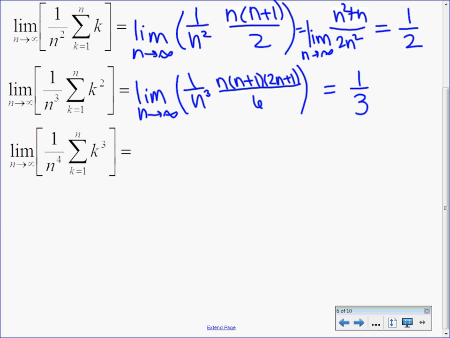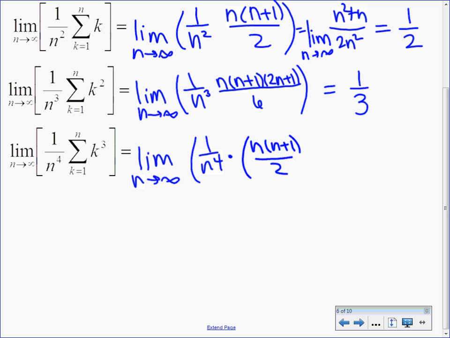Okay. So we're going to have the limit as n approaches infinity of 1 over n to the 4th. What's the summation shortcut from k equals 1 to n of k cubed? Okay. I have n times n plus 1, and then it's squared.